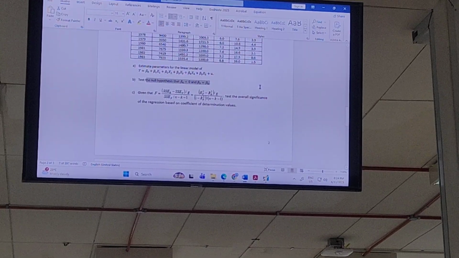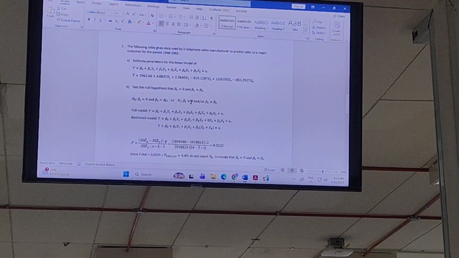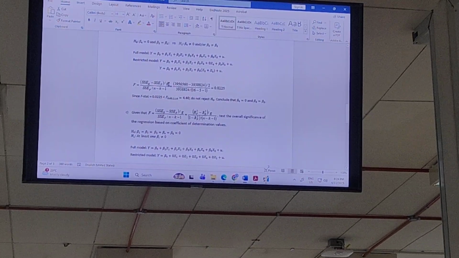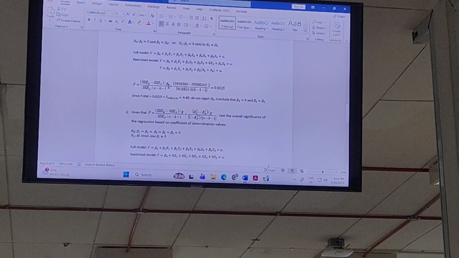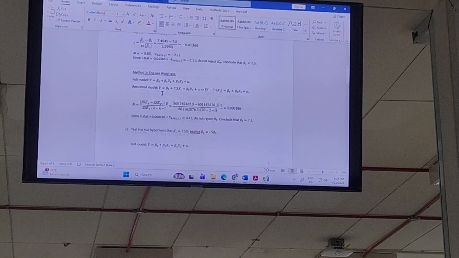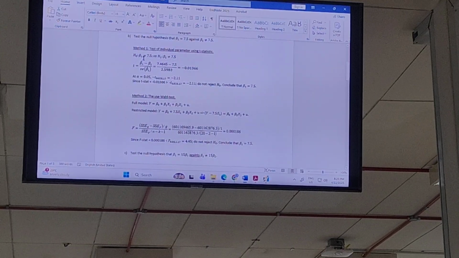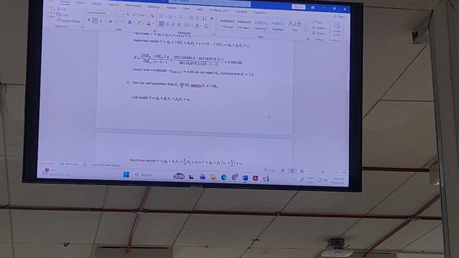So we have two restrictions. I mentioned before the formula where G is the number of restrictions. How to know what G equals? G equals how many restrictions we have. Previously in question number 1, we only had one restriction, only one equal sign. So you just count how many equal signs you have. There we restricted beta 1 to be 15 times beta 2, so one restriction, one equal sign.